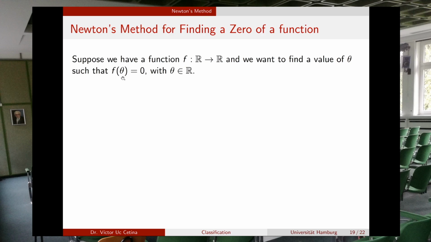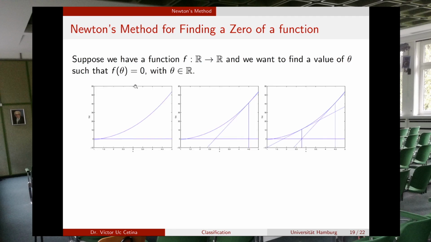Let's consider that this f is a function of this parameter theta, and we want to find the point in this function where the evaluation is 0. Suppose that this f function is this curve, and we want to find the position where the evaluation is 0, this position here.